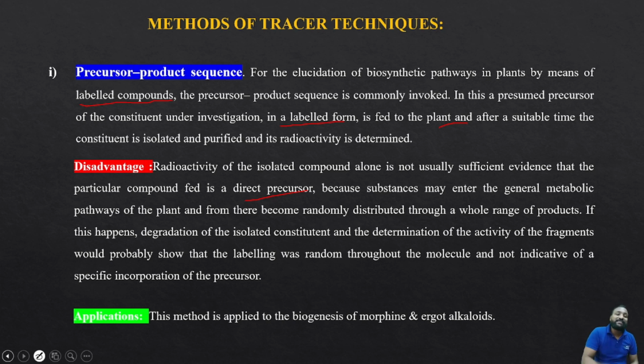This sequence has such disadvantages because substances may enter into the general metabolic pathways of the plant, and from there they become randomly distributed through a whole range of products.